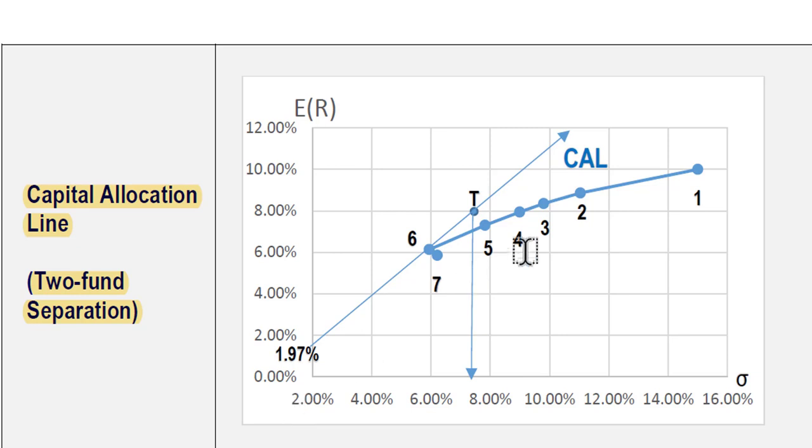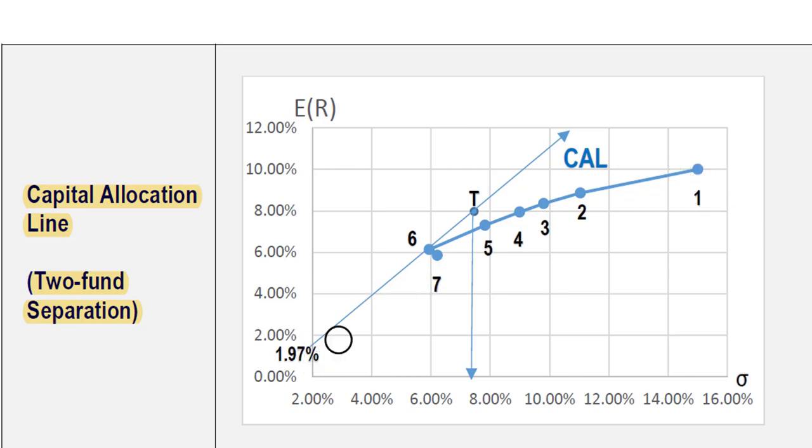So what is a Sharpe ratio? The Sharpe ratio is the slope of the line at each point. Suppose you have a two-point line; there is a slope there, right? So the Sharpe ratio of corner portfolio number 1 is the slope of the line connecting two points, the risk-free rate and portfolio 1.